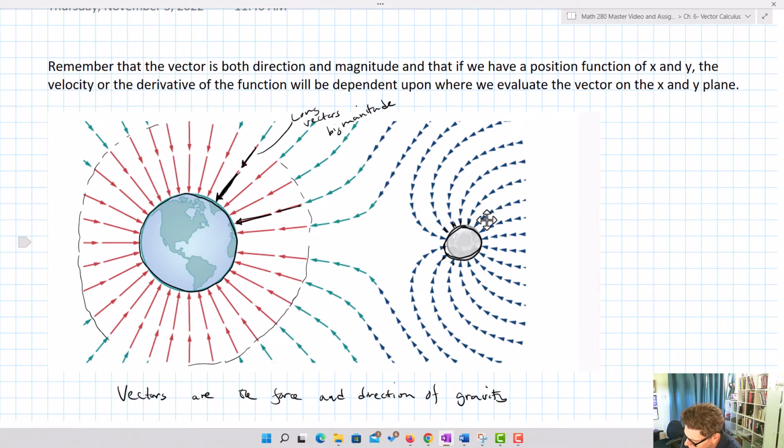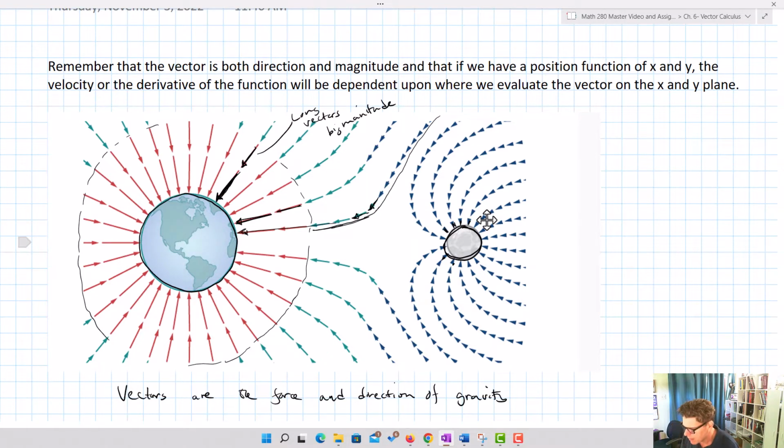One is the Earth's and the other is the moon's. So when we're in between, those moon vectors are going to start to turn into Earth vectors. As we get closer to the Earth, because the Earth is bigger, the vectors start pointing towards the Earth and get bigger, so we get stronger and stronger gravity going towards the Earth.